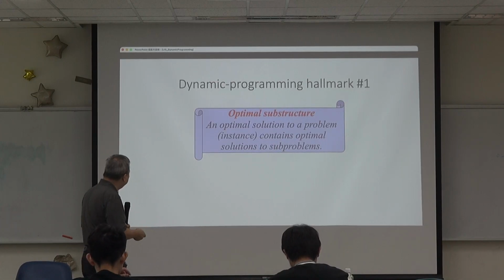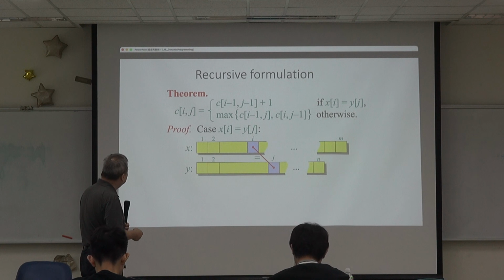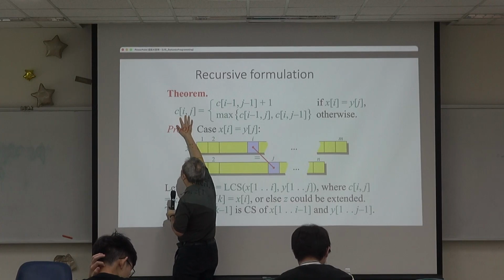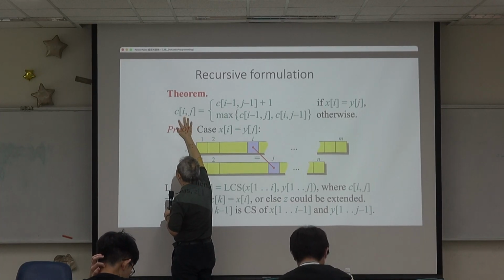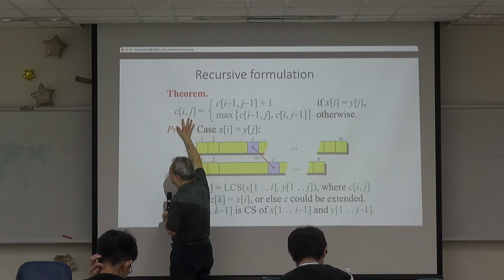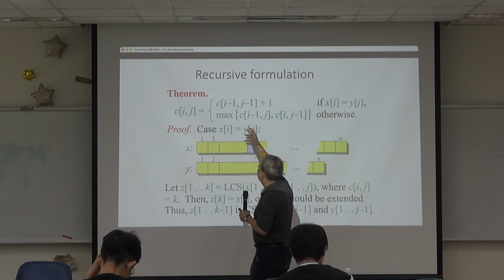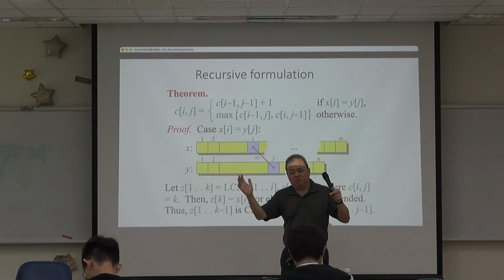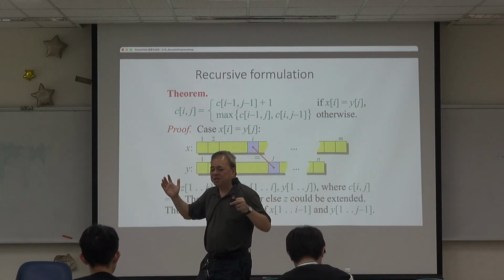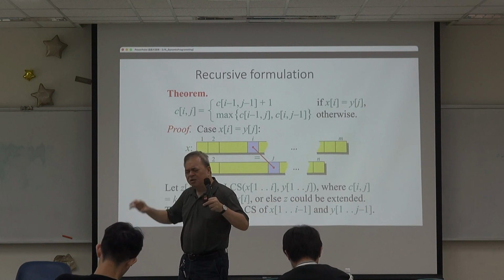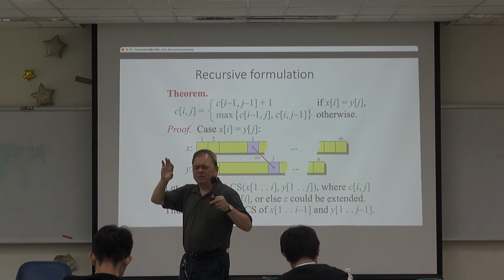So, for example, when we want to find the longest common subsequence of a larger prefix of these two sequences, you will find that the solution actually lies in a shorter prefix, depending on whether the last characters of the two prefixes match or not.